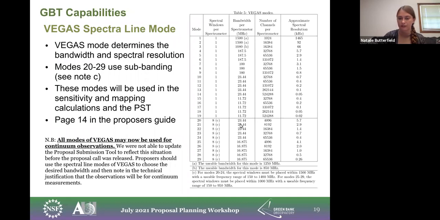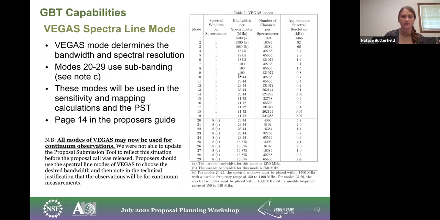You'll notice that they're typically much smaller than some of the ones that you can get with the lower Vegas modes. So it really just depends on the type of science that you're trying to do for your observations. But anywhere that you see the discussion of Vegas modes, we're talking about the different modes which identify what bandwidth you want to use and the number of channels, which will therefore identify what your spectral resolution is.